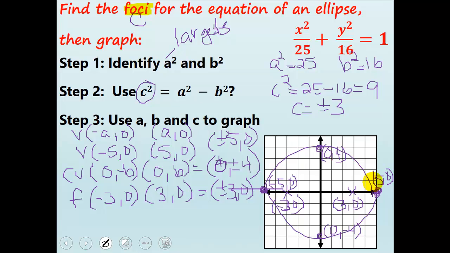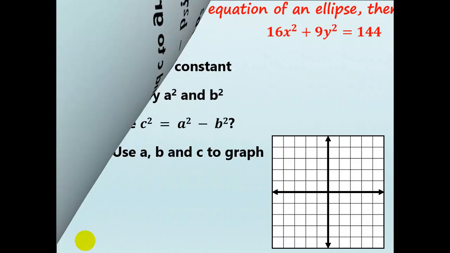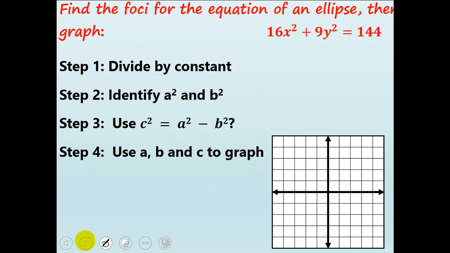Okay. Now let's try another one where we're not quite in that ellipse equation form. So what we have to do first is get this to be a 1. So I have to divide every single term by 144.